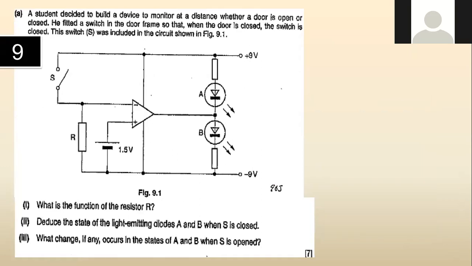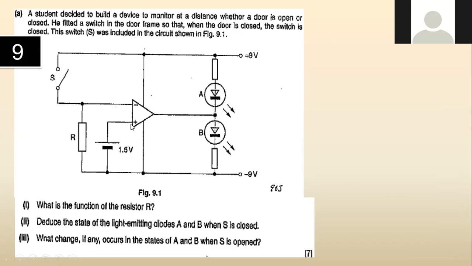He fitted a switch in the door frame so that when the door is closed, the switch is closed. The switch S is included in the circuit shown in figure 9.1. What's the function of R?